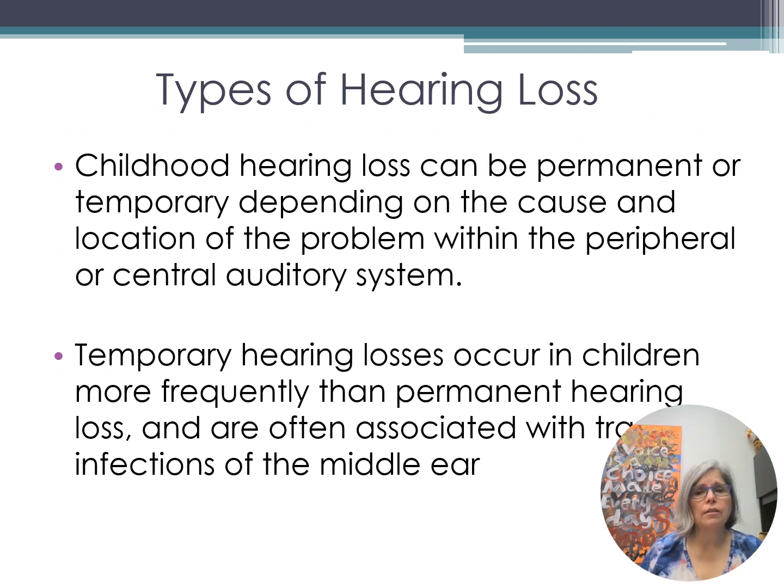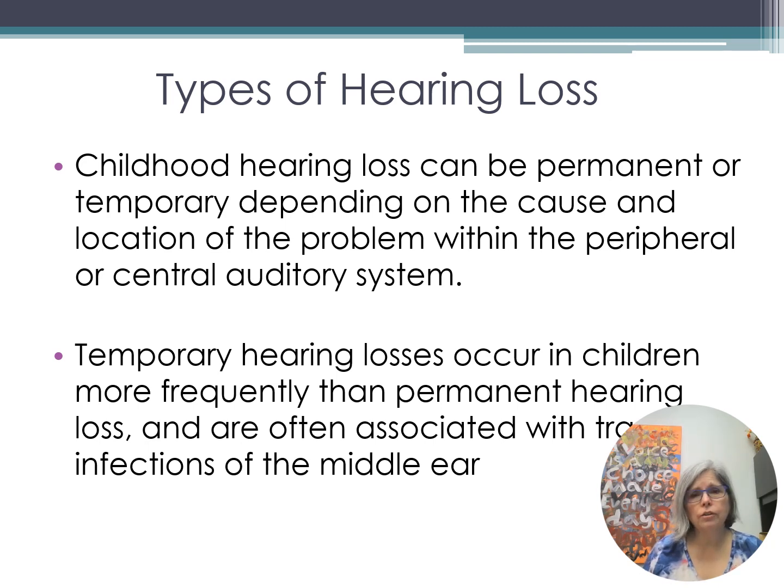So types of hearing loss, when we're talking specifically about children, is different than adults. Childhood hearing loss can be permanent or temporary, again, depending on the cause. And is it within the peripheral or the central auditory system? A lot of times for children, a hearing loss can be temporary, where in adults it's mostly going to be permanent.